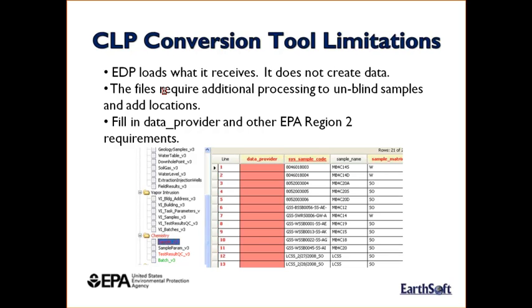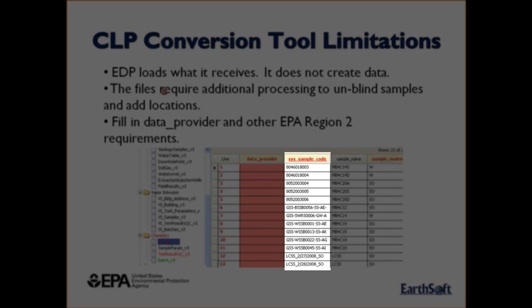Okay? If you look at the screen on the right side under sample code, you can see at the very bottom there's an LCSS underscore, and then there's a date and an underscore SO. We do concatenate some data to create a sys sample code.